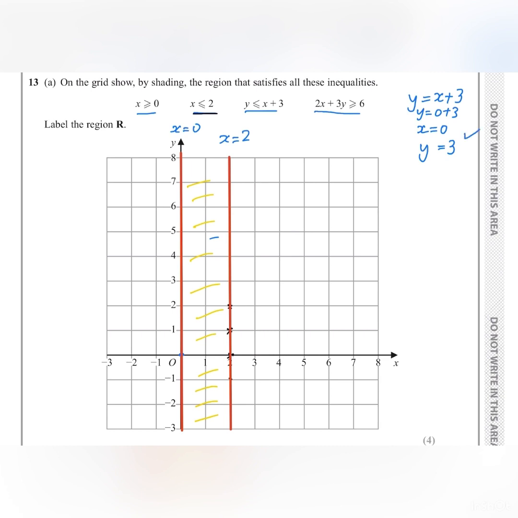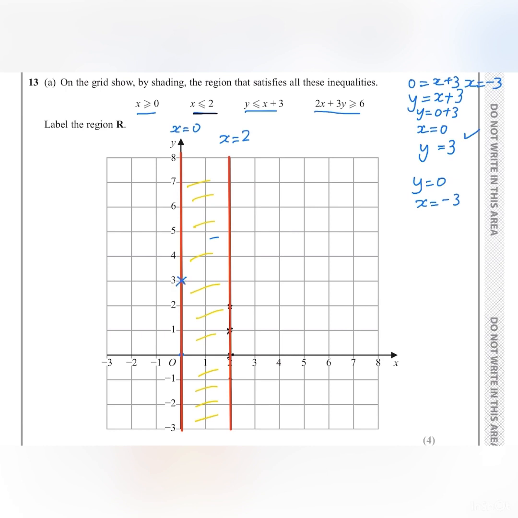Now, when y equals 0, what is x equal now? So if I put a 0 here, we got x plus 3. So that means taking away 3 from both sides, x will equal minus 3. So x equals minus 3. So plot these coordinates in. So when x is 0, y is 3.